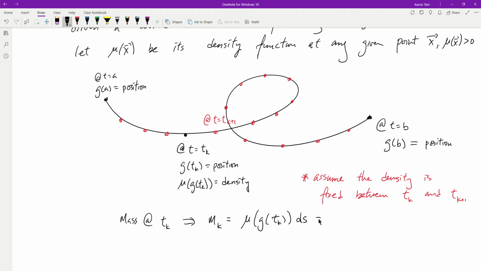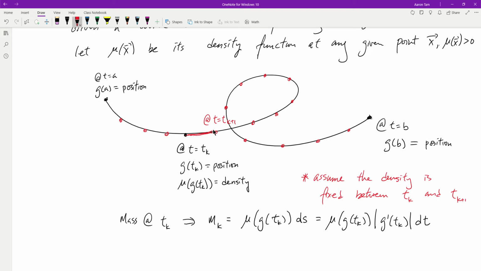Or, if you want to think about it, it is the density at t sub k multiplied by the length of g prime at t sub k, dt. That gives me the mass between t sub k and t sub k plus 1, which is this part right here, which I'm going to highlight.